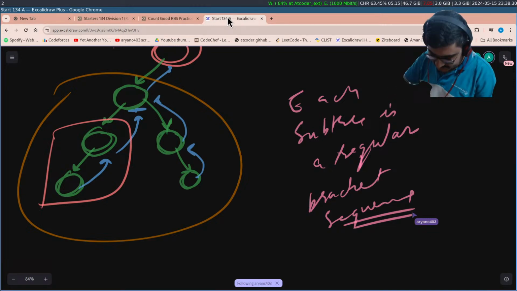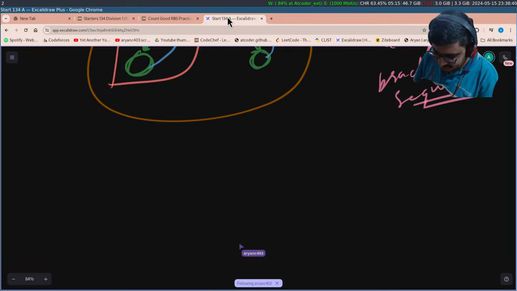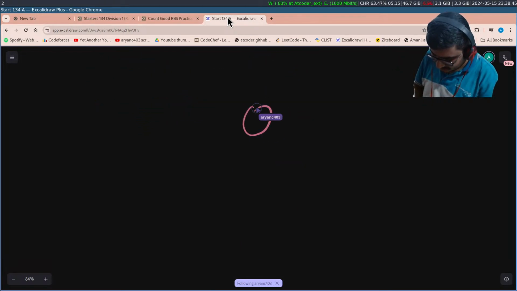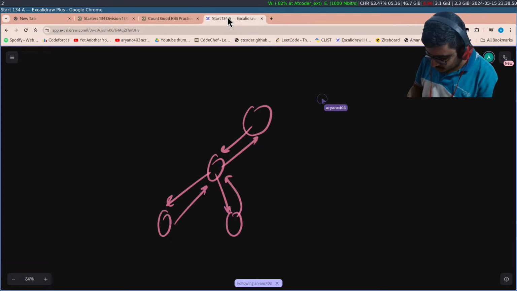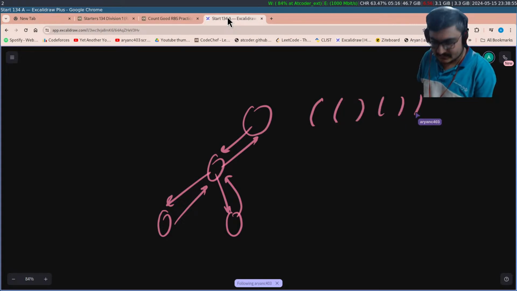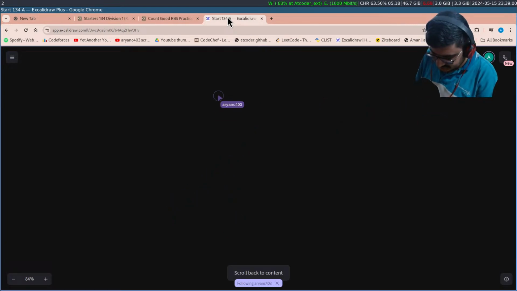Basically, if you look at each subtree, let's say we have one more sequence here. This would correspond to open, open, close, open, close, open. Let's pick this as an example.